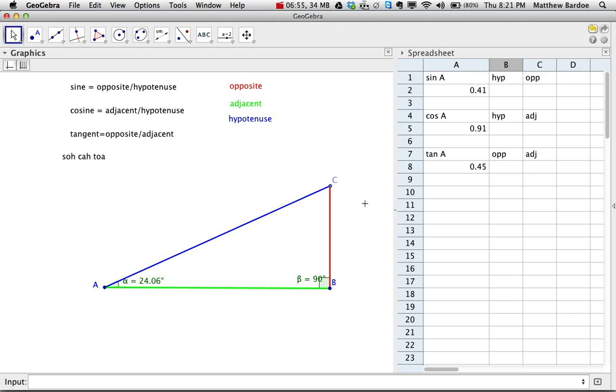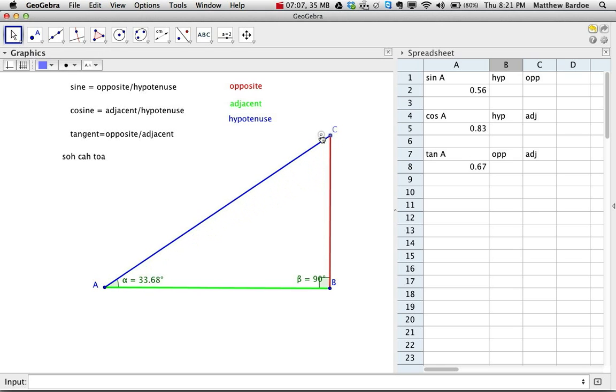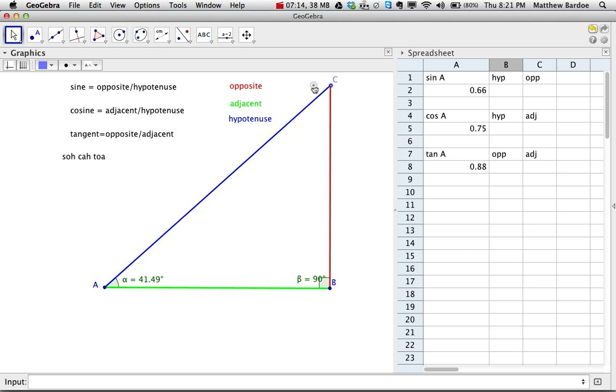Let's just look at how sine and cosine and tangent change as I change the angle. Okay? So I'm just going to lift this point up and down. As the angle gets bigger, you can see sine's getting bigger, cosine's getting smaller, and tangent's getting bigger.